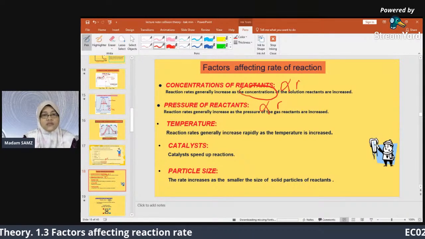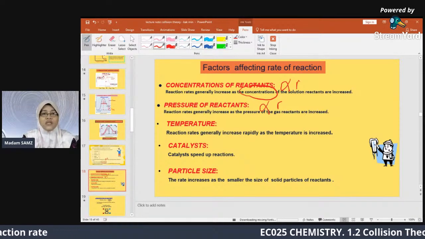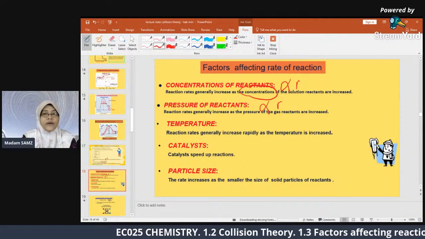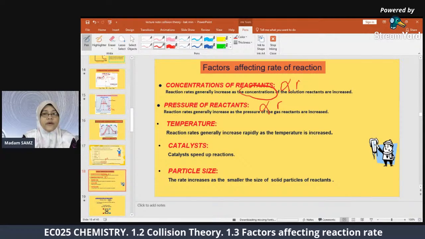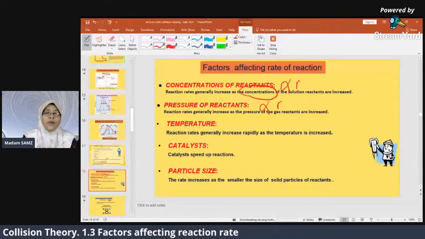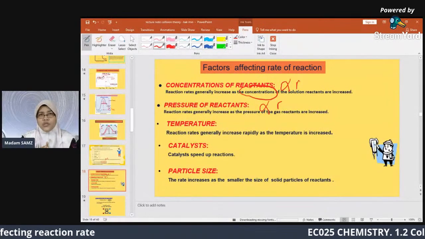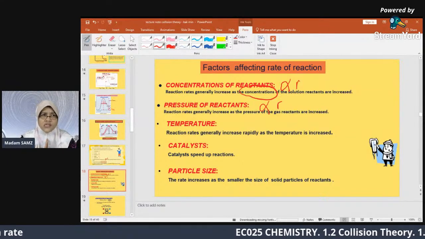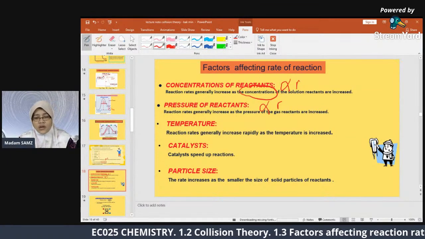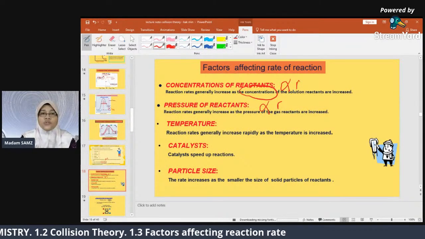The next factor is temperature. The rate of reaction increases rapidly if you increase the temperature. We play with the kinetic energy. If we increase the temperature, the kinetic energy increases, the number of collisions increases, so the number of effective collisions increases, and therefore the rate of reaction also increases.